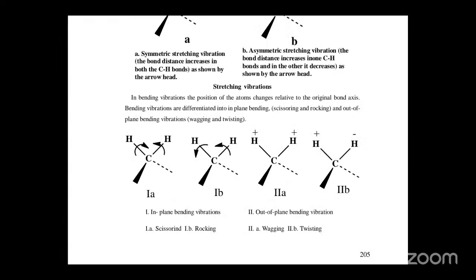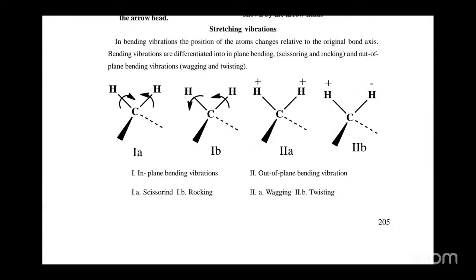Based on this, we have different types, symmetrical and unsymmetrical. In that, we have rocking, scissoring, wagging, and twisting. In-plane bending vibrations are two types, scissoring and rocking.